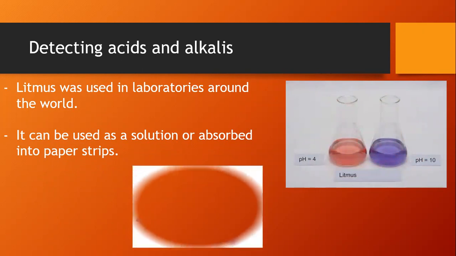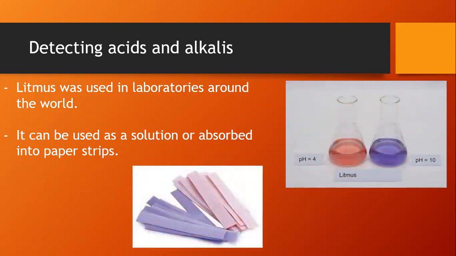Now, how did they make both of those colors? The litmus actually has two main colors, red and purple. So they started using each one of those colors with different types of chemical.